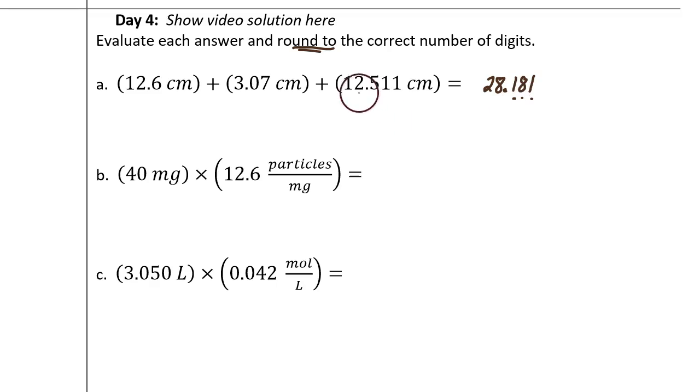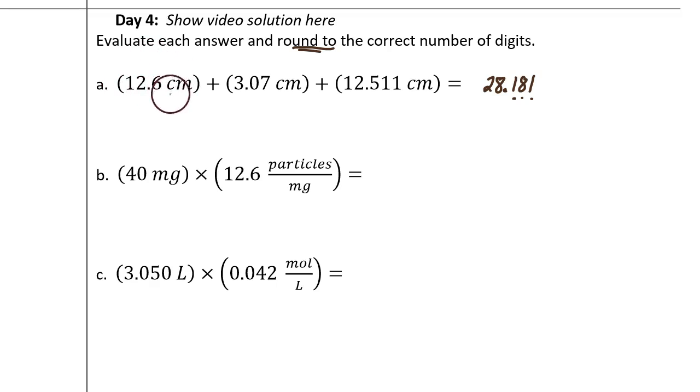Only one of the measurements, this last one, came from a measuring device that was able to measure out to that many decimal places. These other 2 measurements weren't so precise. Whichever measurement in a math problem has the least precision is going to limit the precision of our final answer. So we're going to round our answer based upon that fact.